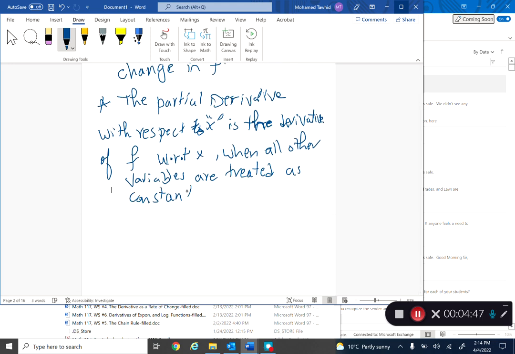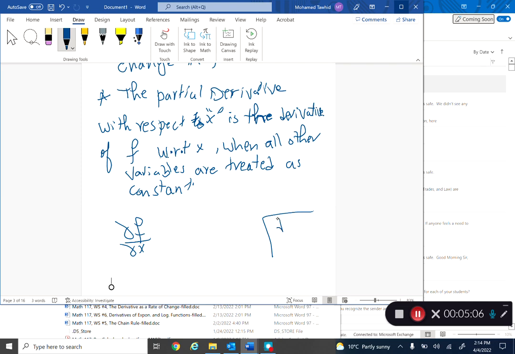So what is the notation? We write it like this: df by dx. This funny d means f is a function of several variables, two or more. The straight d in df by dx means f is a function only of x.